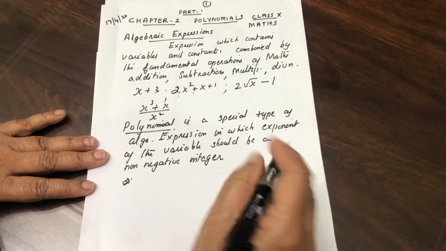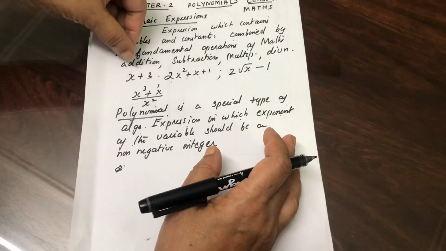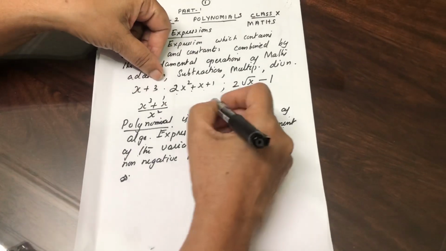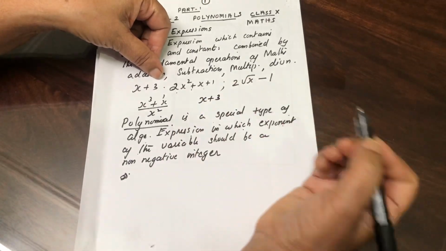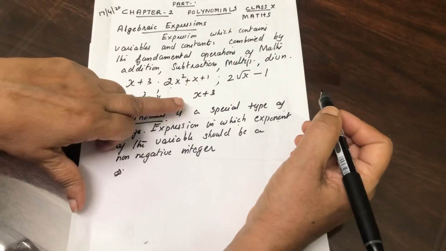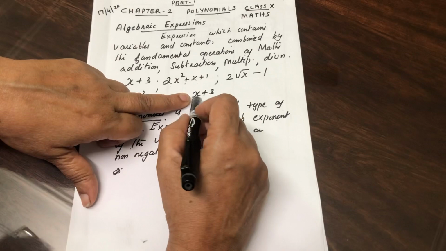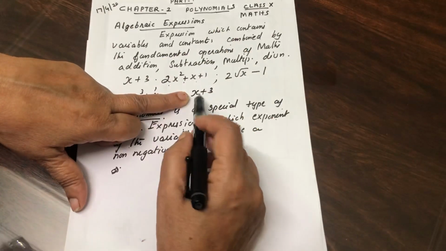First, let me explain to you how to find the degree of the polynomial. Here, x plus 3. How many terms are there in this algebraic expression?